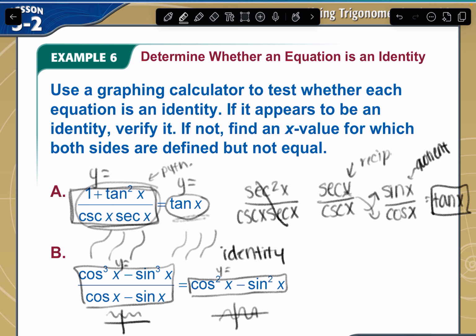They are not the same, which means they are not identities. If they are not identities, there's no way to verify that they are, because they're not. So again, this part of the direction, I don't need you to do. If it is an identity, then verify it, which you did in part A. If it's not an identity, just write not an identity, and you're done with your problem.